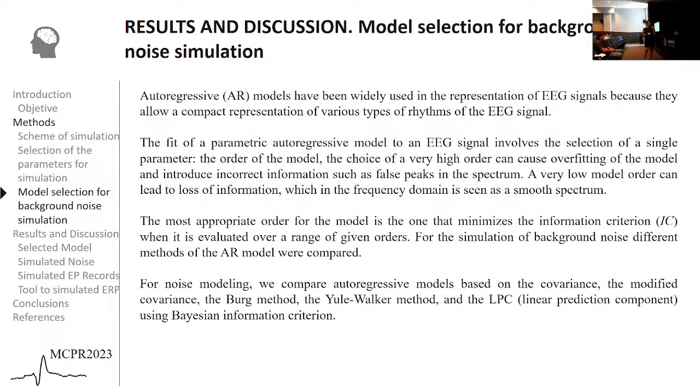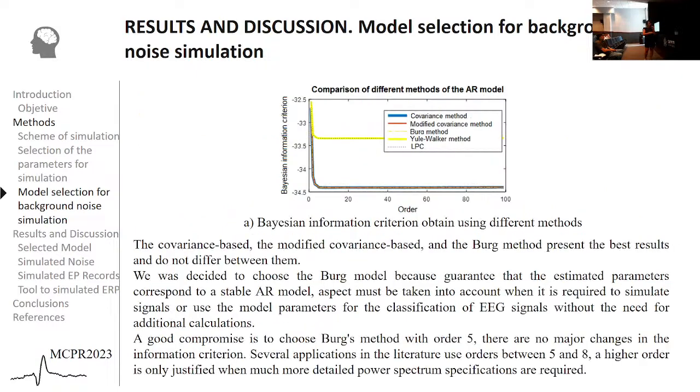For the simulation of the background noise, different methods of AR model were compared. For noise modeling, we compare autoregressive models based on the covariance, the modified covariance, the Burg method, the Yule-Walker method, and the linear prediction component using the Bayesian information criterion. This figure shows the Bayesian information criterion obtained using different methods.